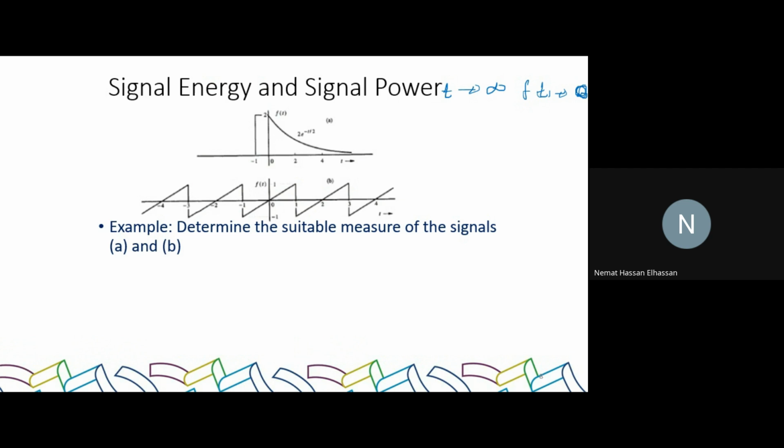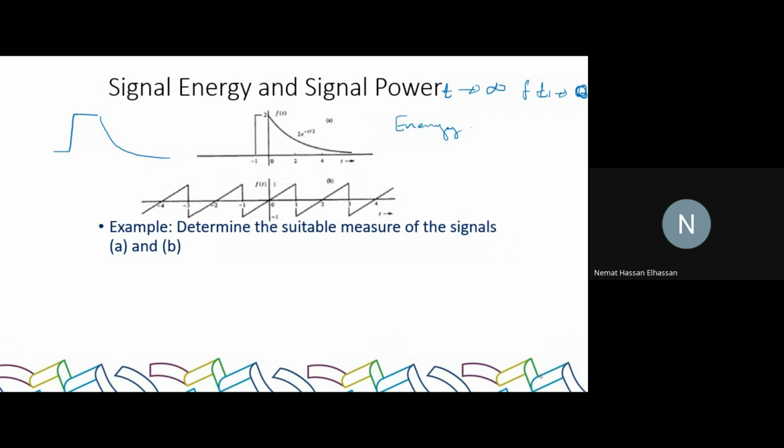Are you sure? So this is the signal. It goes up, stabilizes, and then drops down. Yes, it satisfies the condition. So what type of signal is it, energy or power? Energy. Energy signal, because it satisfies the condition.